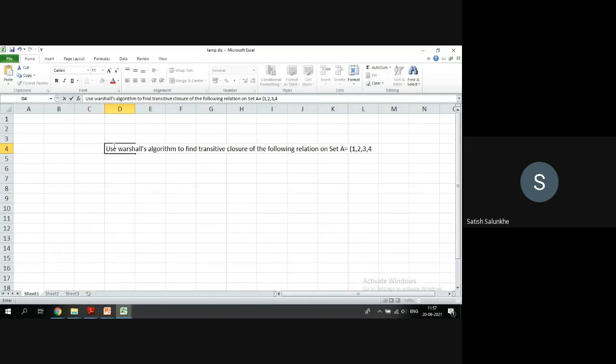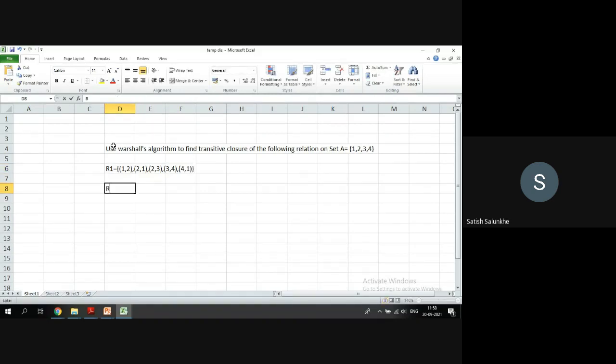And there is some relation R from set A to set A itself. So there is one relation R1 that is equal to, let us say, 1 2, 2 1, 2 3, 3 4, and 4 1.